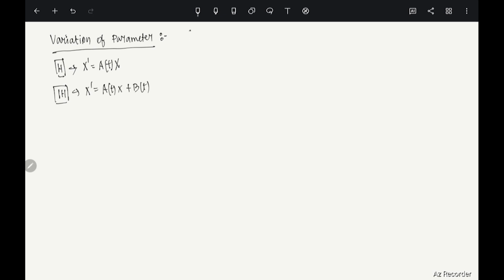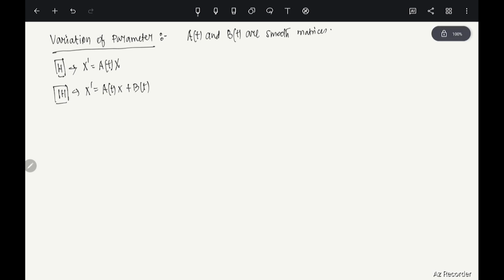Please remember here A and b are assumed to be smooth matrix valued functions. Smooth matrices means matrices with all the entries smooth. Smooth means C infinity. You can assume it, don't worry about it.